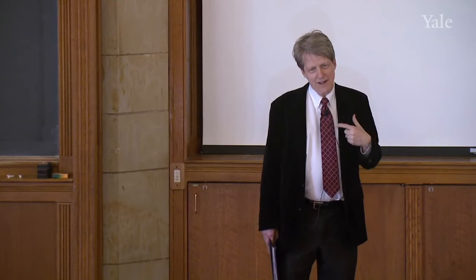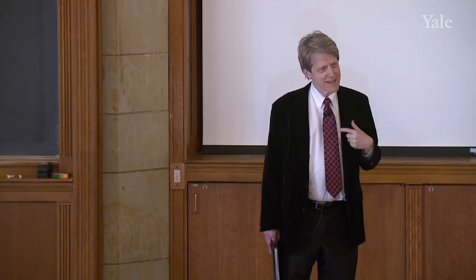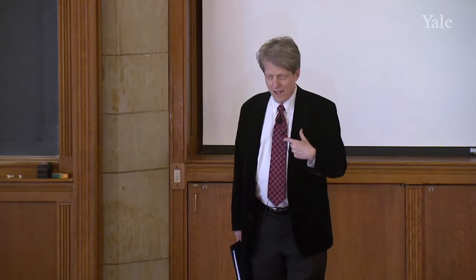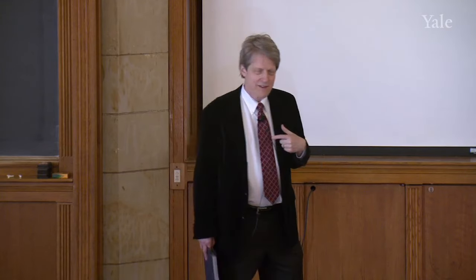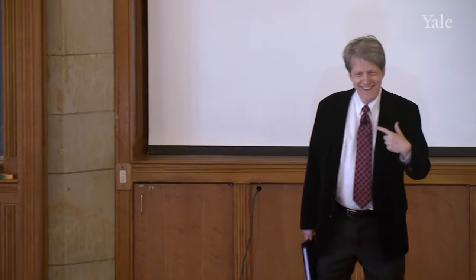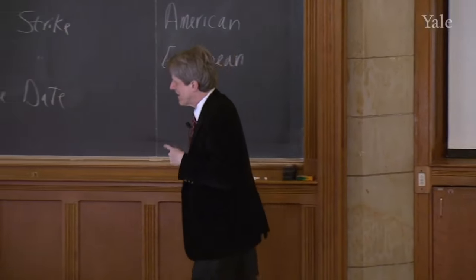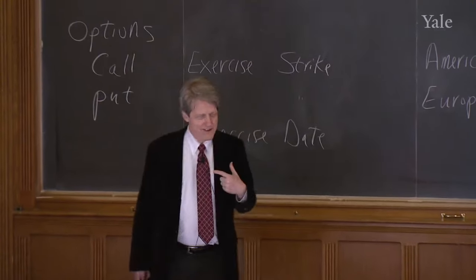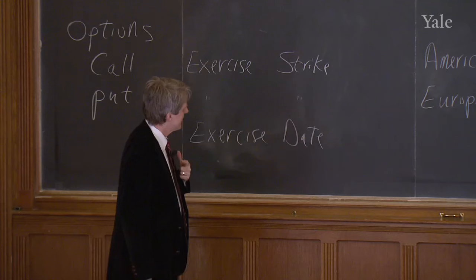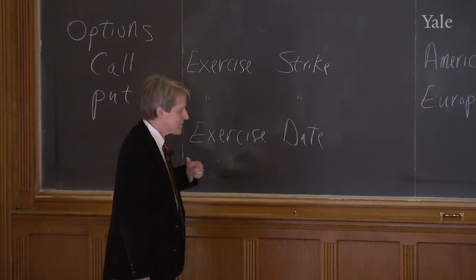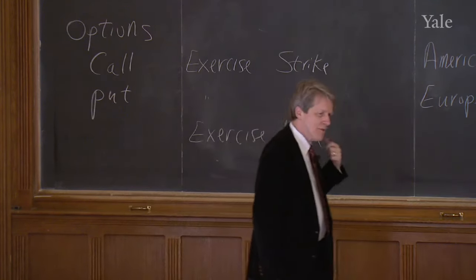But in a sense, let's think about this. Stocks themselves are options, in a sense, with a zero exercise price. Maybe I'll have to get back and explain that in a minute. But let me go ahead to other examples. Mortgages.